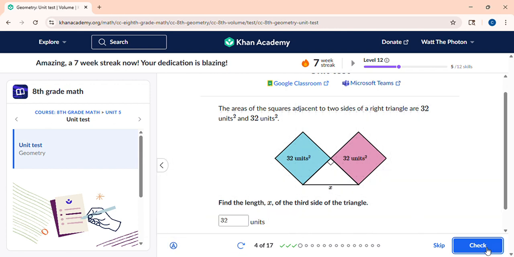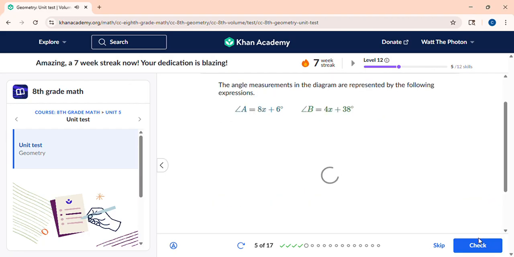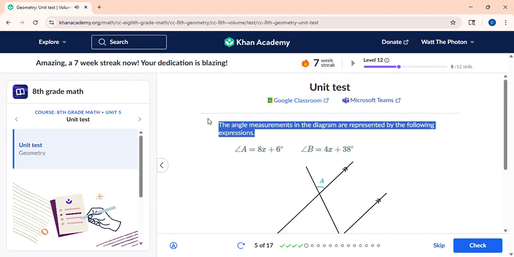I think it's 32. Oh no, it can't be, right? That's 8, because you're going to have the square root of 32 times the square root of 2. That'll be 8. There we go. Yeah, 32 just sounded off.